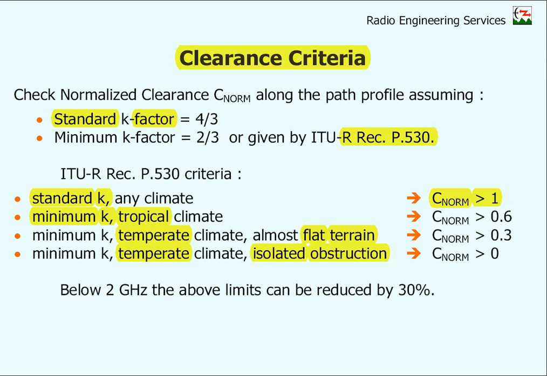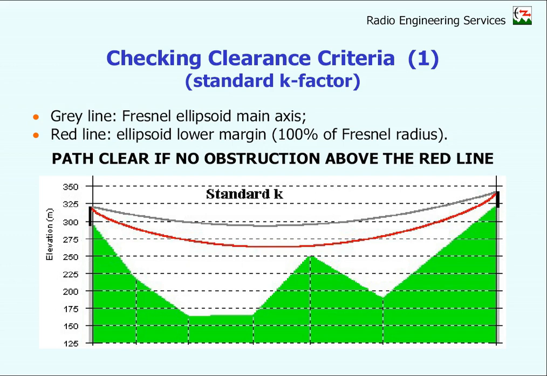Now, we see some simple examples of application of the ITUR clearance criteria. Here you see how the ITUR criteria can be applied in the case of standard K-factor. The figure shows only the lower part of the Fresnel ellipsoid.